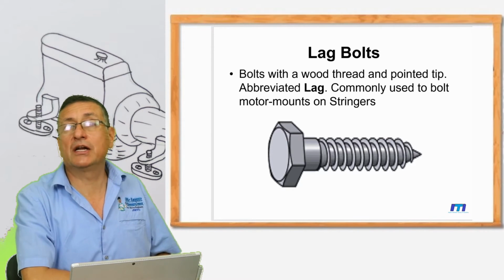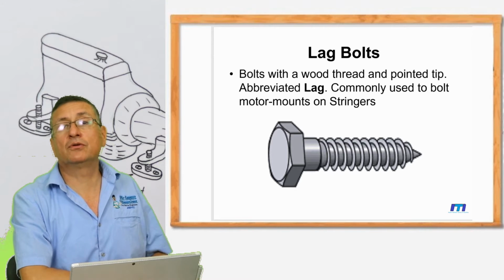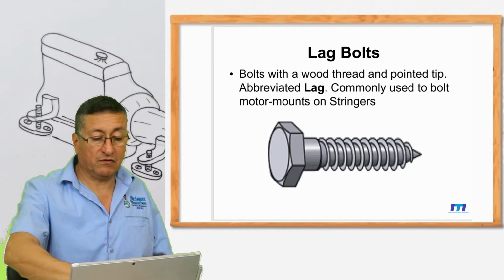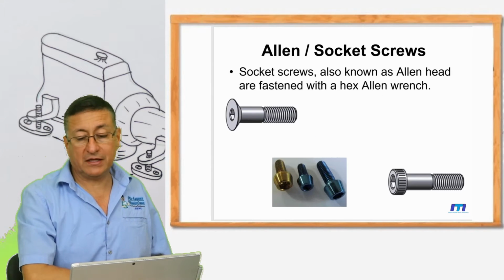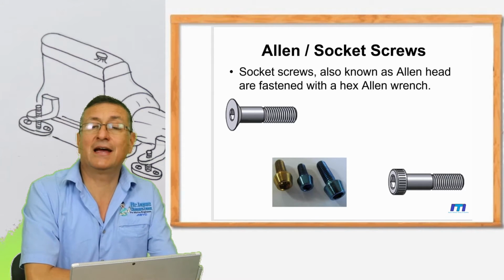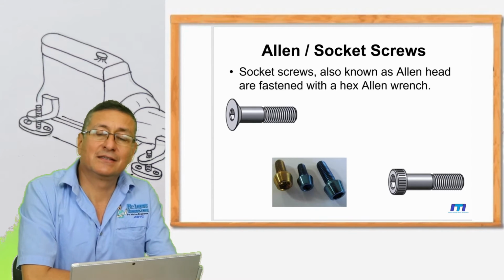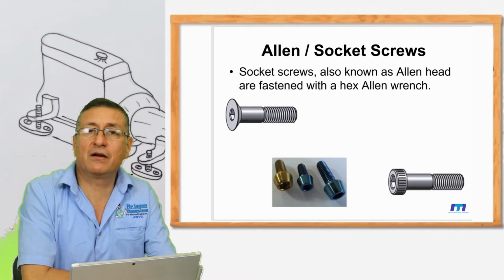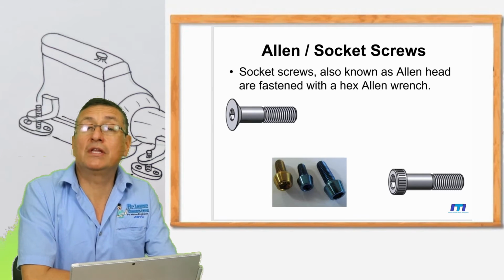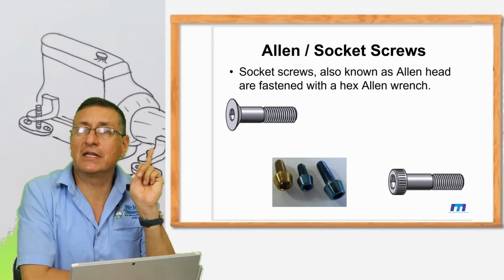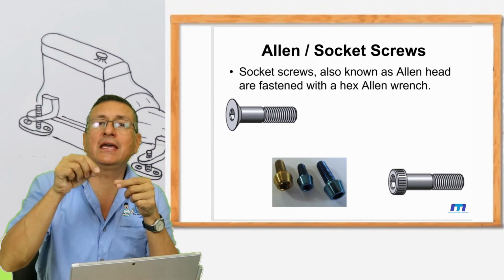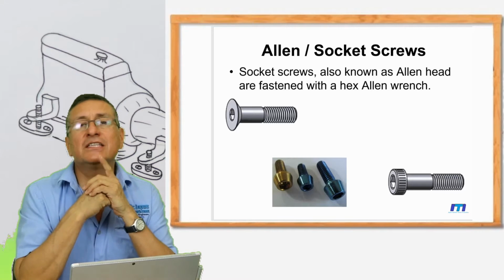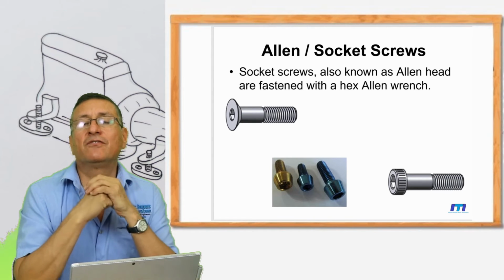The lag bolts are used to fix the motor mounts into the stringer of the boat. And there are different types of Allen head, and yes, we are going to explain in the next coming part of the episode. Use the Allen keys appropriate for that head. If the Allen key has a little play, this is not the Allen key recommended for that bolt.